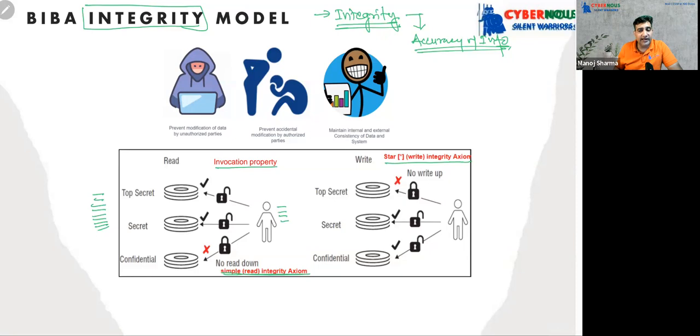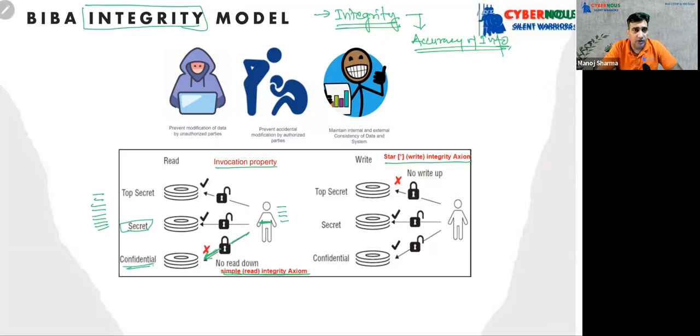Simple integrity axiom means that if a person is on one level, let's say this user is on a secret level, he should not be able to read a file at a confidential level.